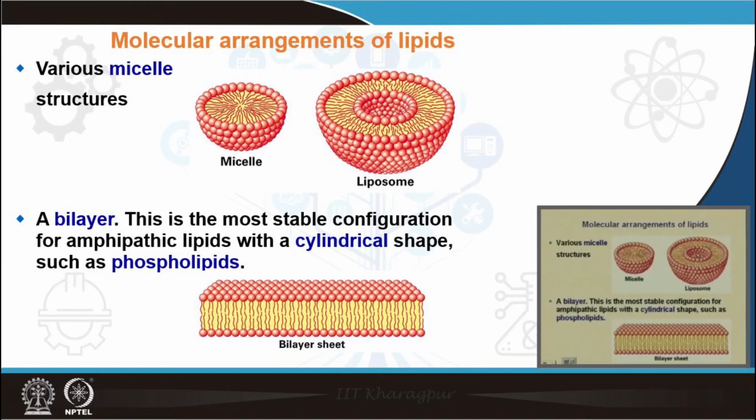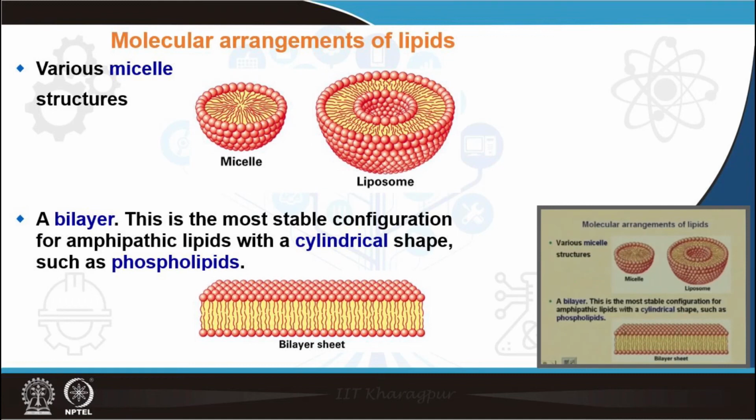In the case of a bilayer, we have the most stable configuration for amphipathic lipids. Okay? So, this is a possible structure and it is usually used in transport, but the most favored, you see, is this sort of confined structure.